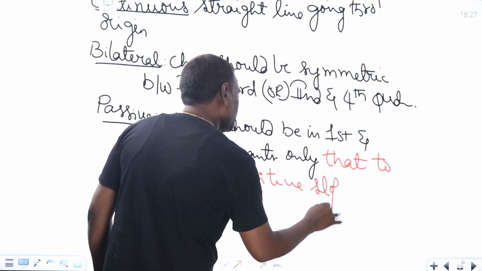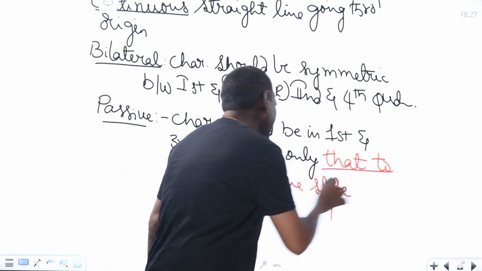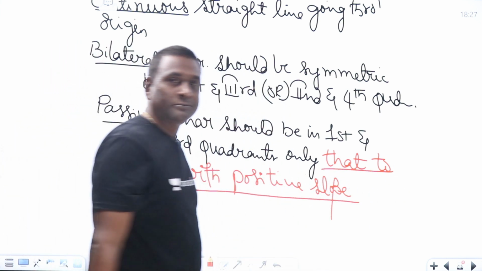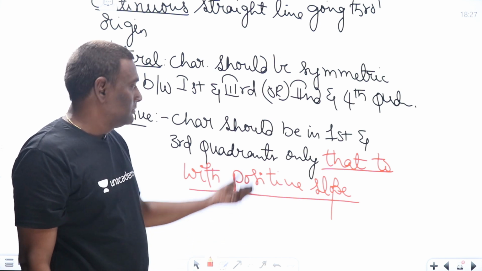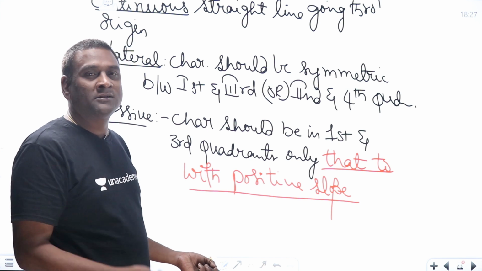Okay, you have to make an extra statement of this. What about zero slope? Positive slope is fine. Negative slope is fine because negative slope, negative resistance region and all.